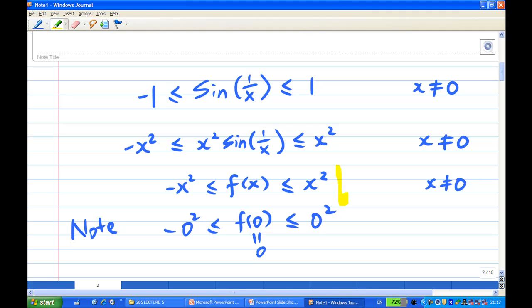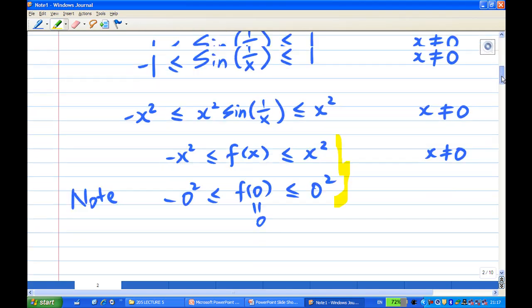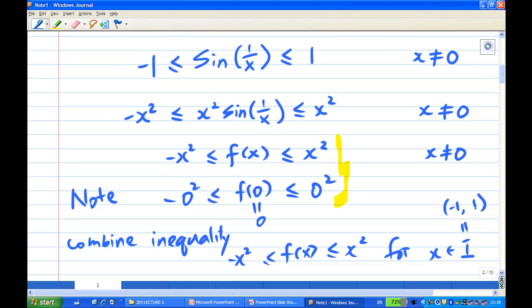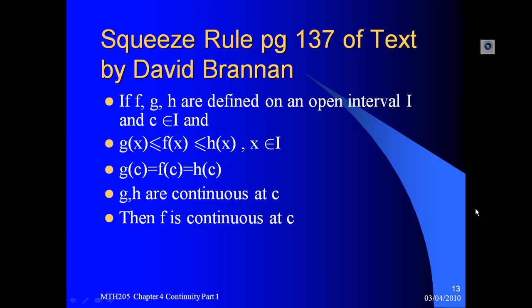So combining these two together, we can say that f(x) is less than or equal to x squared and greater than or equal to minus x squared for x belonging to I, where I is the open interval from -1 to 1.